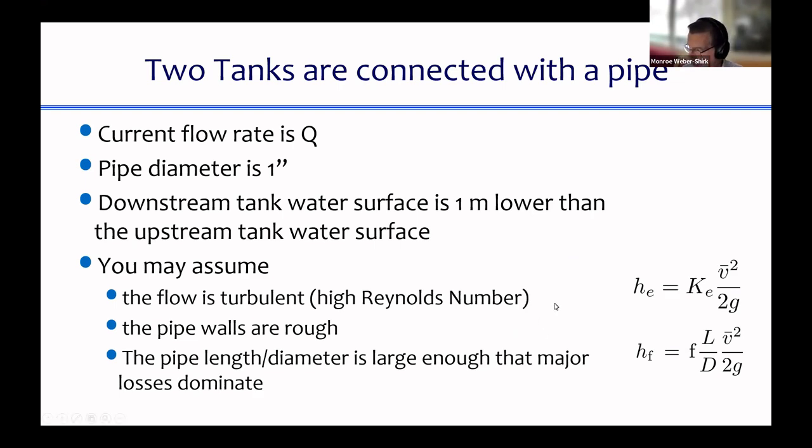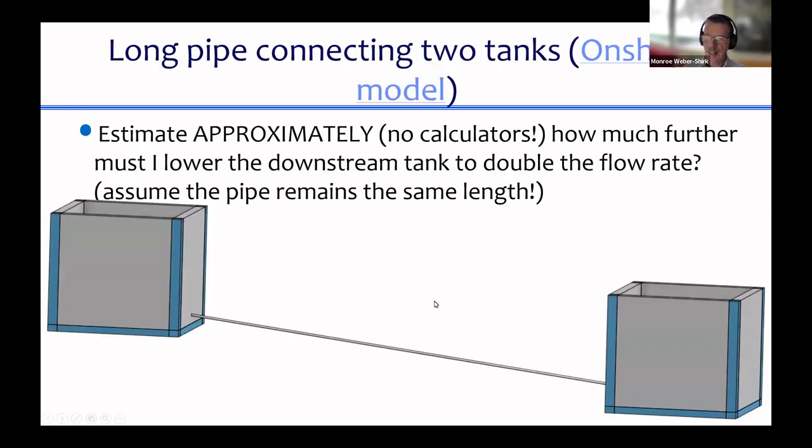So now the question. Estimate approximately, no calculations, okay? No writing down stuff with paper and pencil, you can do this whole thing in your head. Estimate approximately how much further must I lower this downstream tank to double the flow rate. So right now I've set this up.